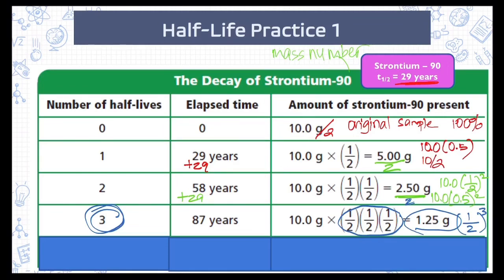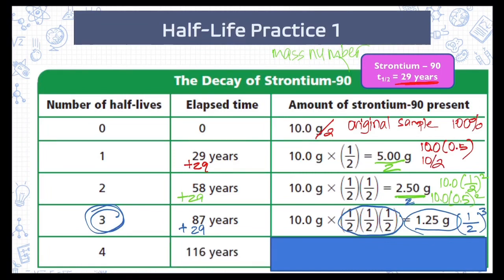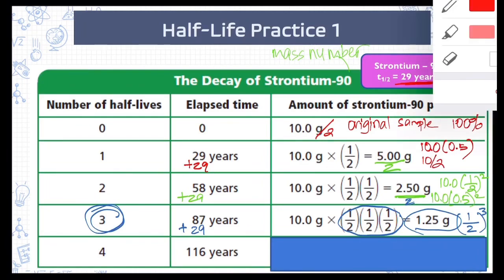Okay, one more. After the fourth half-life, all we're doing is adding 29 more years to 87, and that will give us 116 years. So after 116 years have passed, how much of the original sample do we have? So you could simply take 1.25 and divide that by 2.